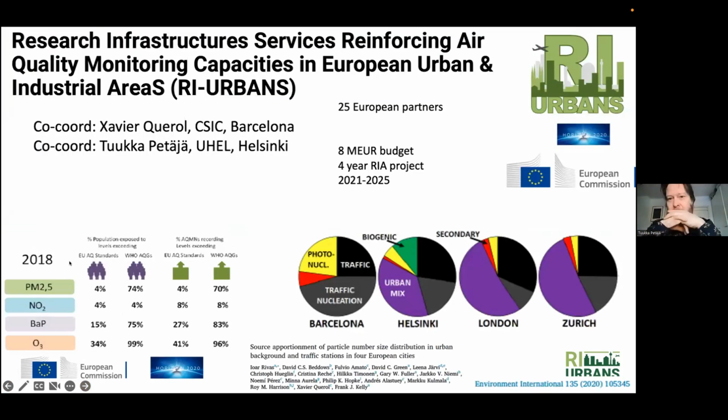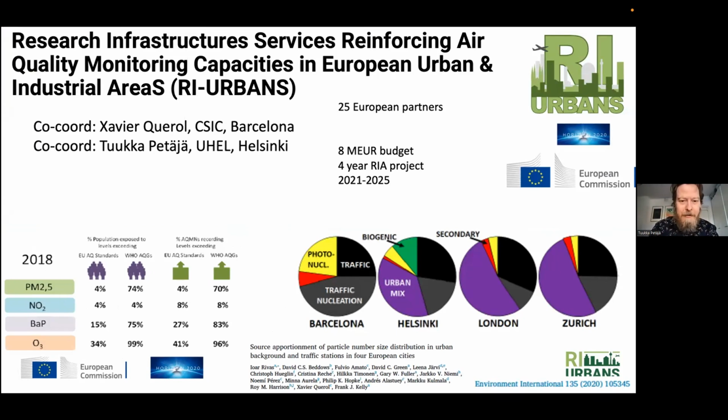The background for our project is air quality. The concern, of course, is aerosol particles, atmospheric particulate matter, ozone, NOx, ultrafine particles, black carbon, and things like that.